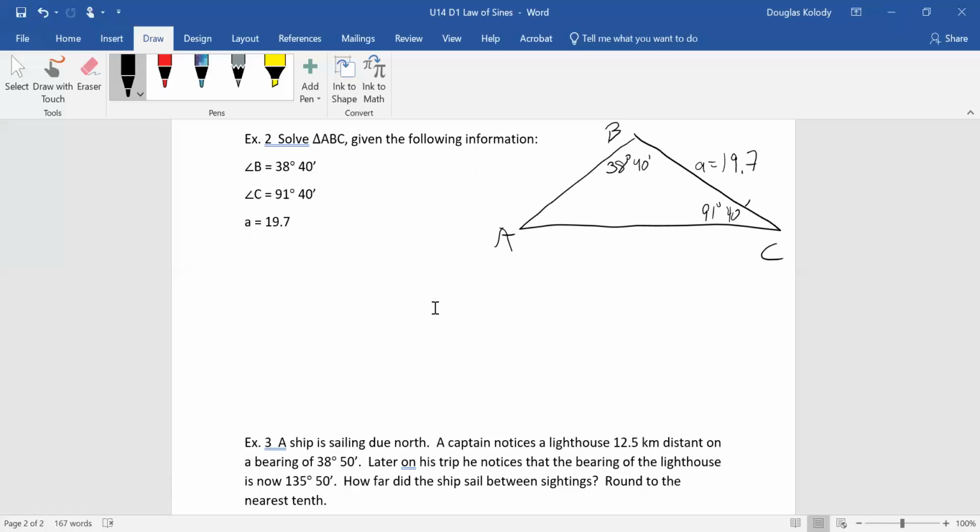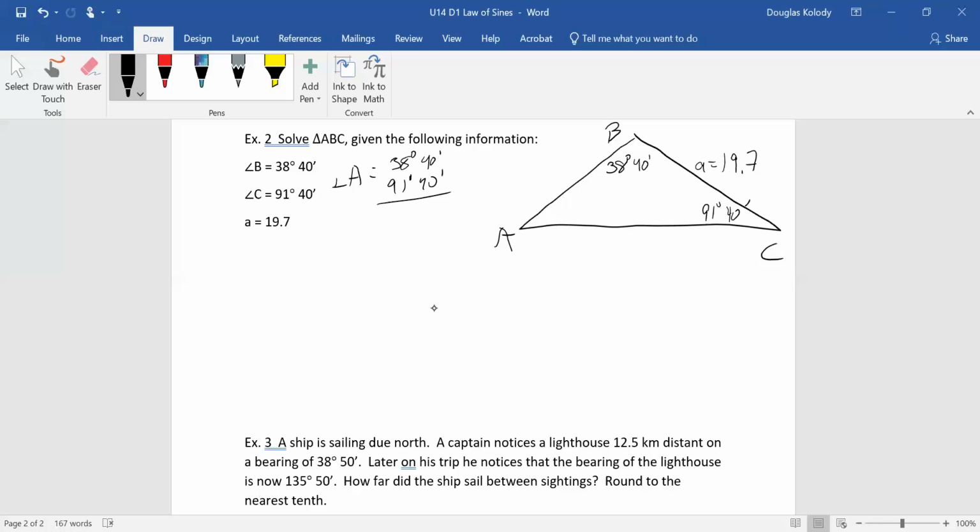Now what we need to do is find angle A. Why don't we do that first? Find angle A. So we could just add up the 38 degrees, 40 minutes, and the 91 degrees and 40 minutes.